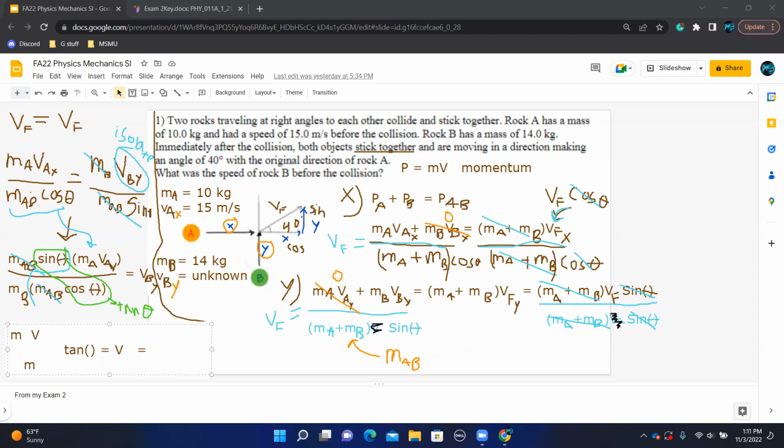So then if you plug that in, that gives you, what is this mass? 10 kilograms, times 15 meters per second, divided by near 40 degrees.